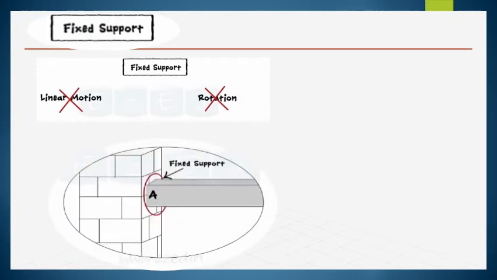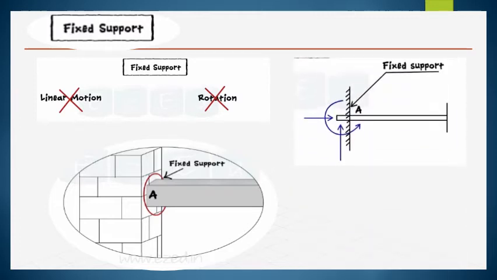How does it restrict the translation? It restricts the translations by applying forces in that direction, that is two translatory motions, horizontal motion as well as the vertical motion. By showing the reactions, it offers resistance to that motion.